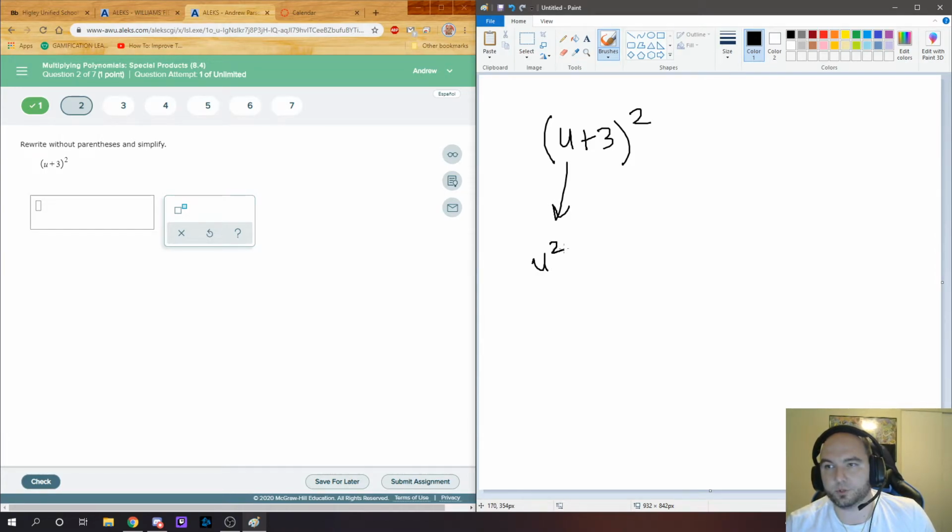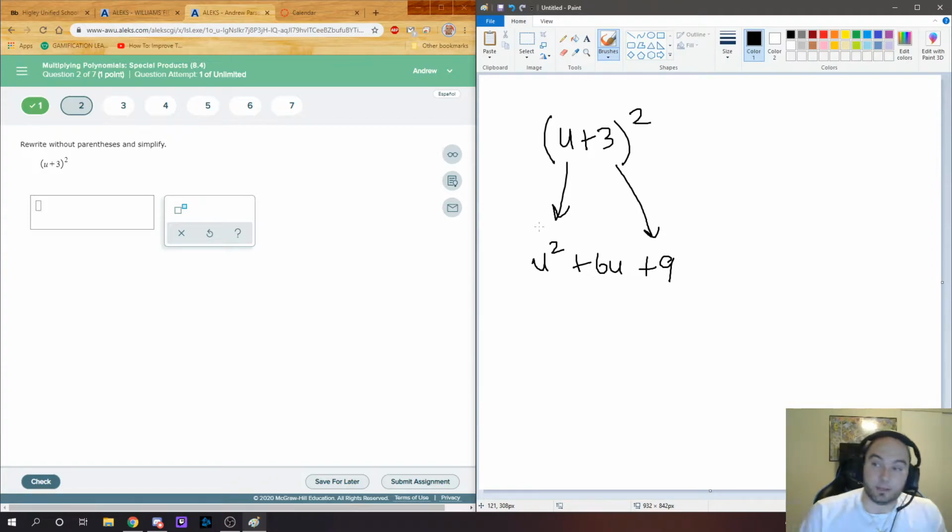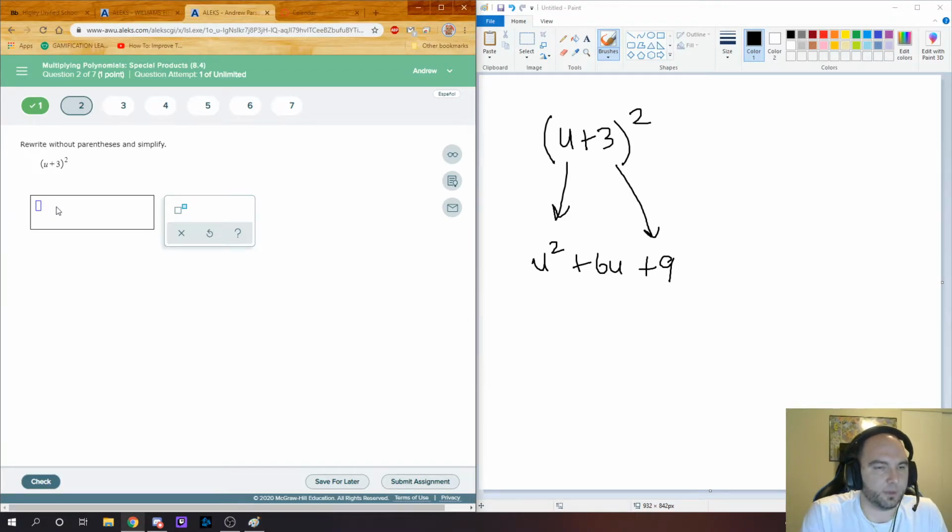So u times u is u squared. The last thing squared: 3 times 3 is positive 9. And then the middle term is tricky. You're going to do 3 times u and double it. So 3 times u is 3u, and doubling that gives me 6u. Now you notice I didn't write any of the work I did on the last problem. So I instantly got 6u in the middle, 9 at the end, and u squared in the front. I said that all in some kind of wacky order here.